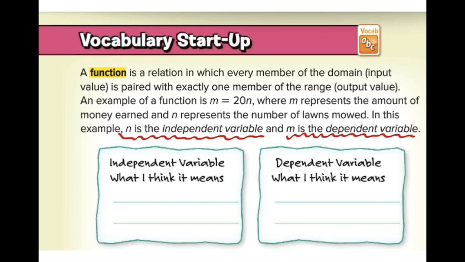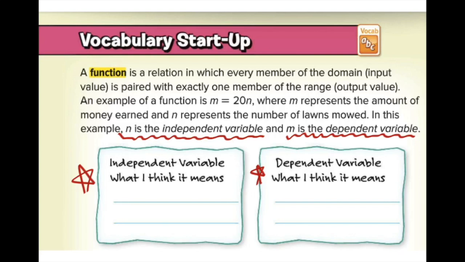Now the questions here, it says independent variable, what I think it means. Dependent variable, what I think it means. So here's what I need you to do. You haven't heard independent or dependent variables before. However, you should know what the words independent and dependent mean just in general, in life. Think about what those words mean.